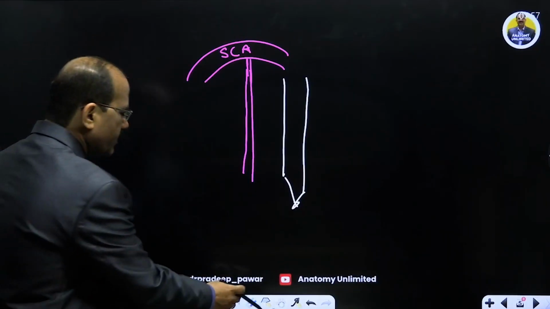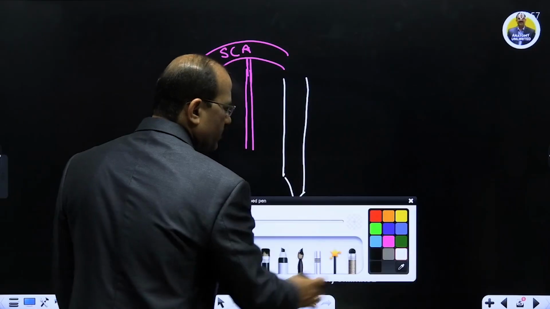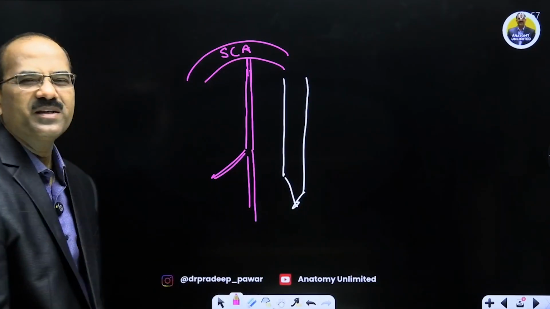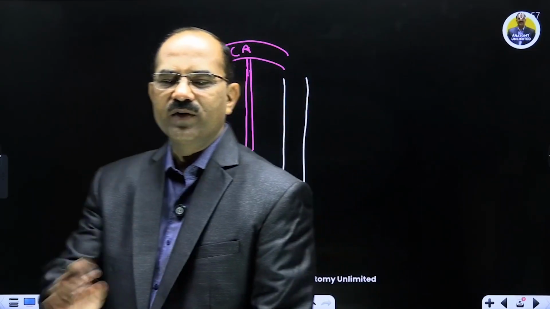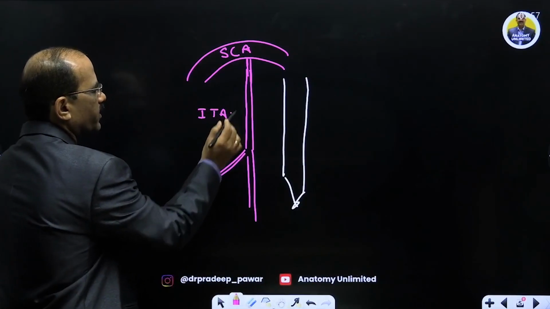At the sixth intercostal space, this internal thoracic artery divides into two terminal branches. Can anyone tell me these?